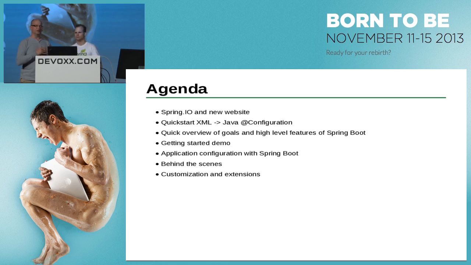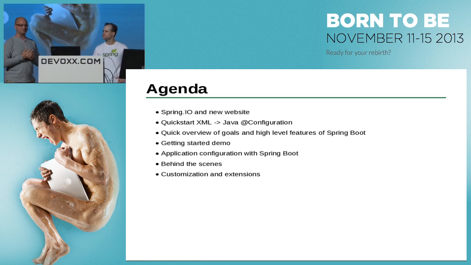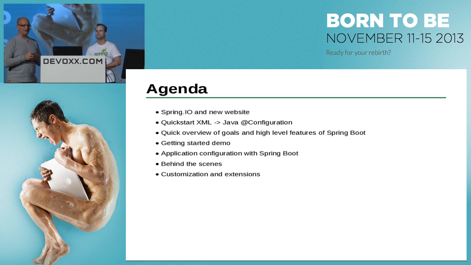That's kind of a roadmap, a way of understanding Spring and understanding what we want to do with it strategically, I suppose. And there's a new website which is fantastic, and I worked on that. I was on that project because it uses Spring Boot. And we're going to show you that.